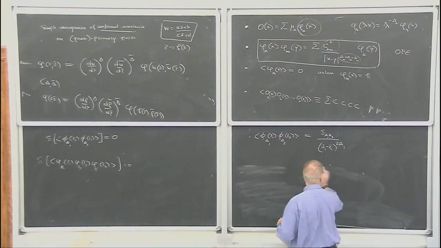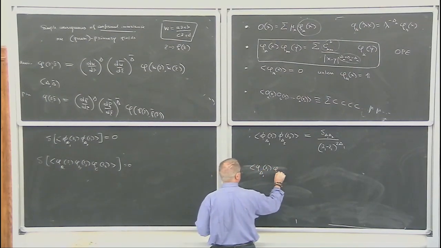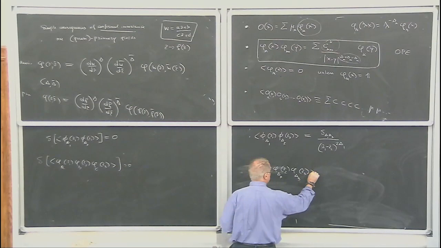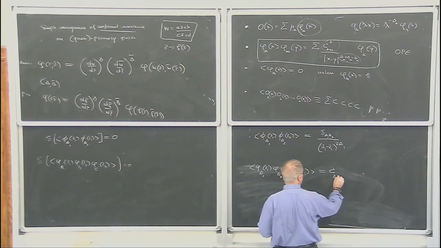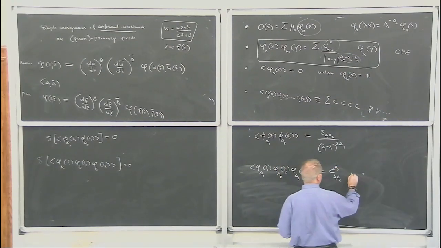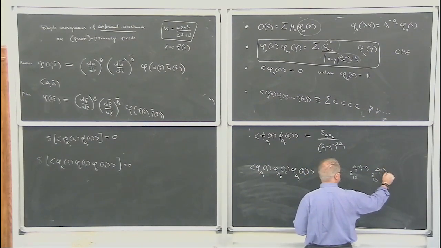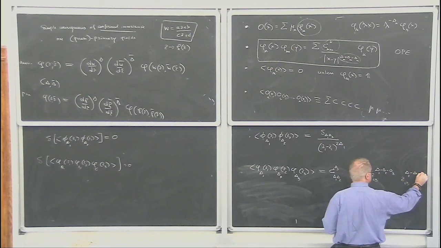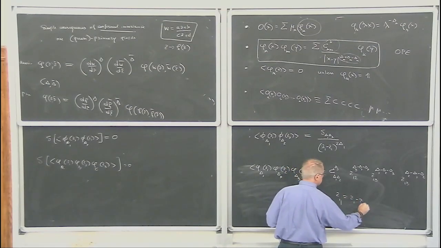I leave it to you to prove the following: the three-point function of phi delta 1, phi delta 2, phi delta 3 has the form C delta 1, delta 2, delta 3, times Z12 to the delta 3 minus delta 1 minus delta 2, Z23 to the delta 1 minus delta 2 minus delta 3, Z13 to the delta 2 minus delta 1 minus delta 3, with the notation Zij being Zi minus Zj. Clear?